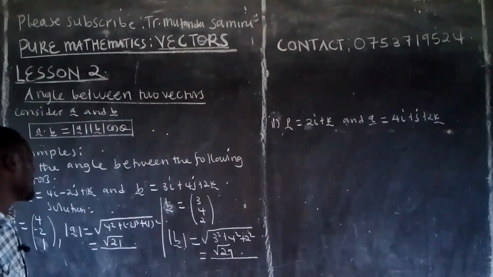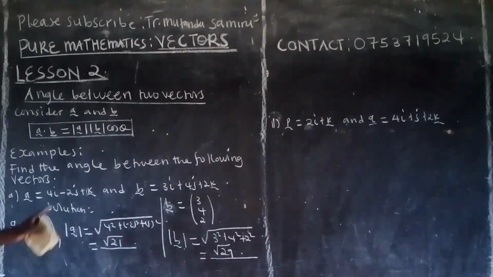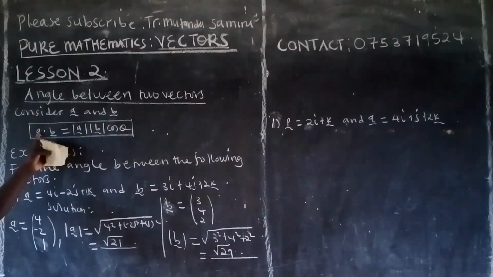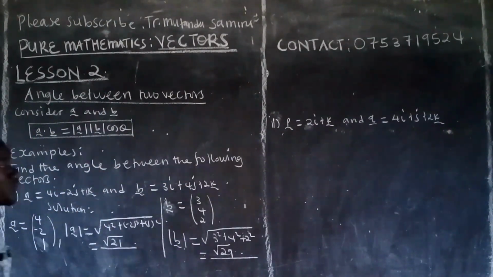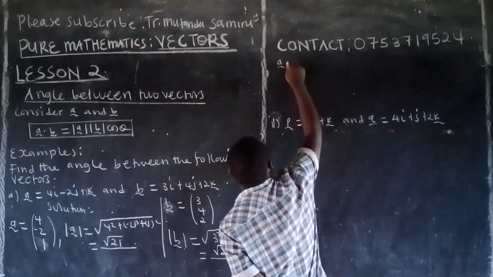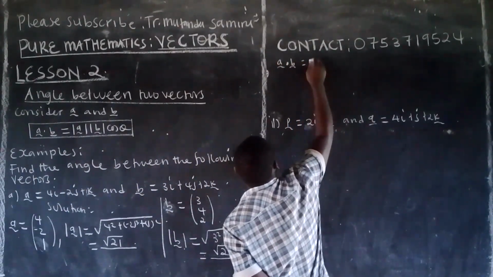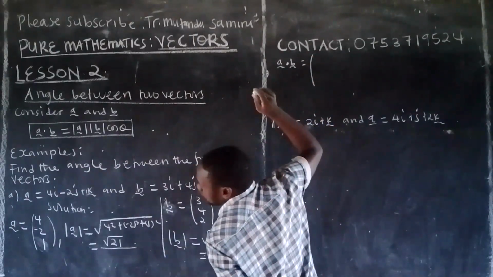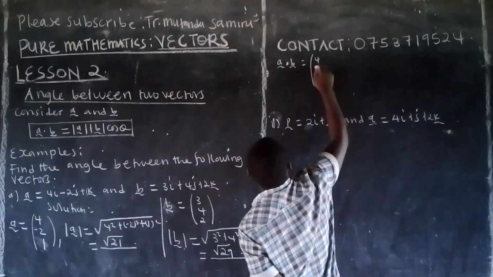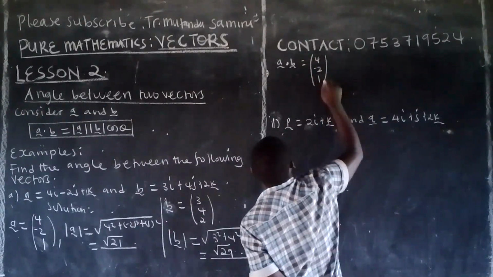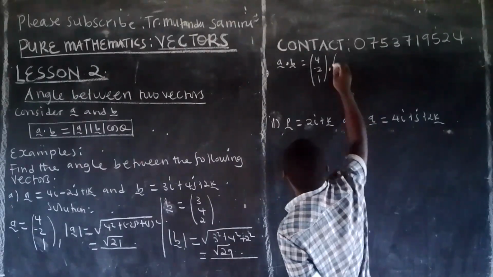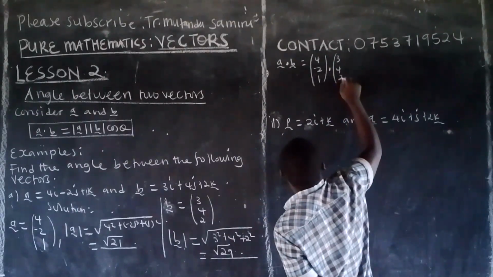Now let's proceed. Now what next? Are you seeing in this formula we have magnitude of this, we have them. Then what is next? The dotting. The A dot B, we don't have it. So we come and say here that, okay, A dot B will be equal to, what are we going to have there? So 4, negative 2, 1, dot 3, 4, 2.